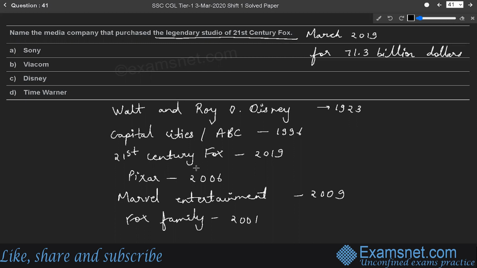Apart from this, Disney is the company that was founded by the great Walt and Roy O. Disney. And do you know where is the headquarters of Disney? The headquarters of Disney is in California, USA. So for this question, the media company that purchased the legendary studio of 21st Century Fox is Disney. So for this question, the correct option will be option C. I hope you are clear with this question.